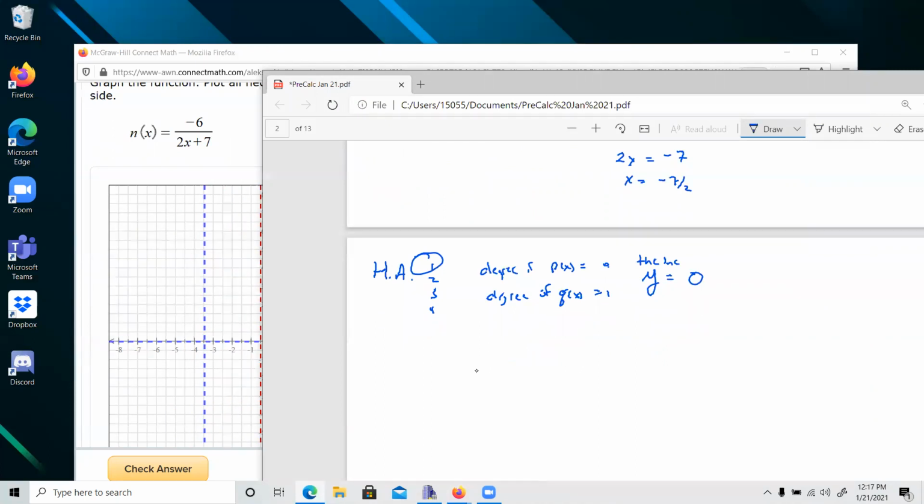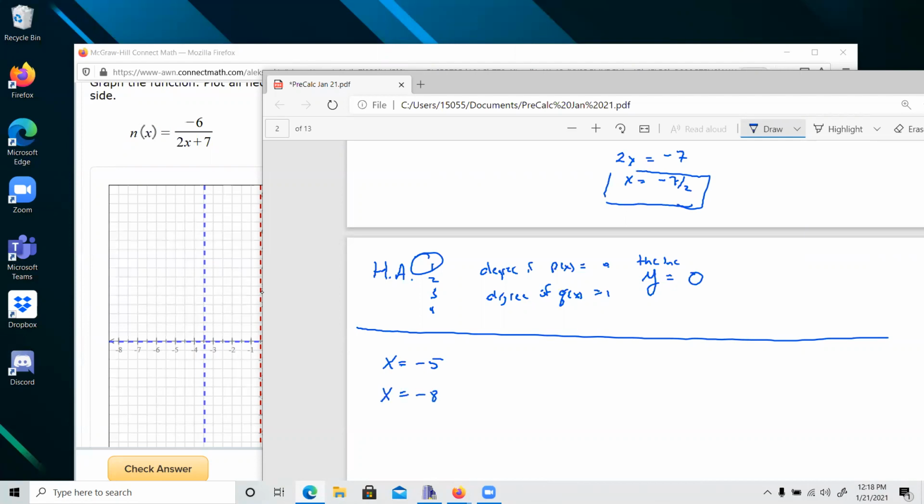Pick your 2 favorite numbers that happen to be smaller than negative 7 halves. In face-to-face, I am more than happy to let you come up with any number you want. Usually I let you tell me. How about we look at x equals negative 5 and x equals negative 8.